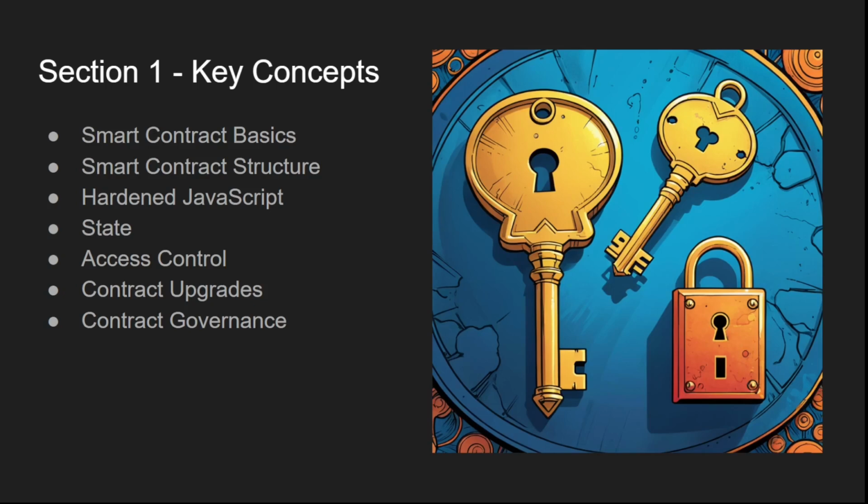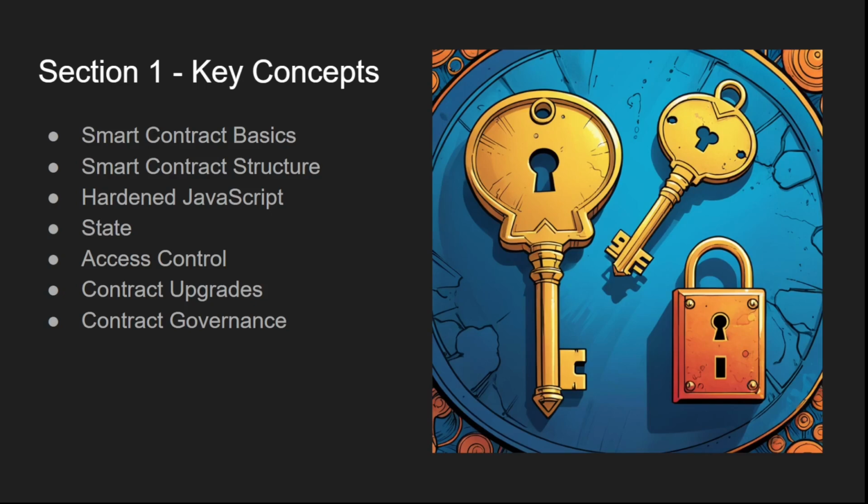Now, one important aspect of maintaining and improving contracts is the ability to upgrade them. We'll discuss contract upgrades, the role of the admin facet, and how state is preserved during upgrades.